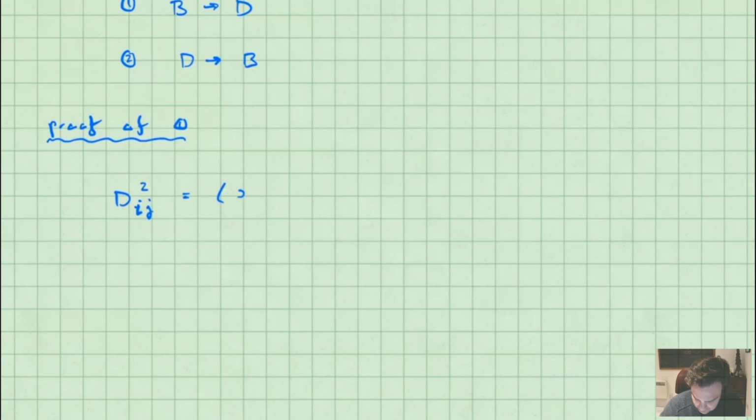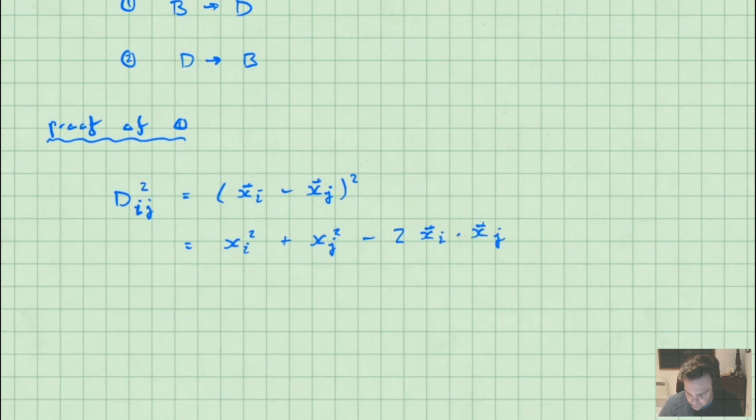So that's row i minus row j as vectors, squared, meaning that difference dotted with itself. And that's equal to the magnitude of xi squared plus the magnitude of xj squared, minus twice the dot product of the two.